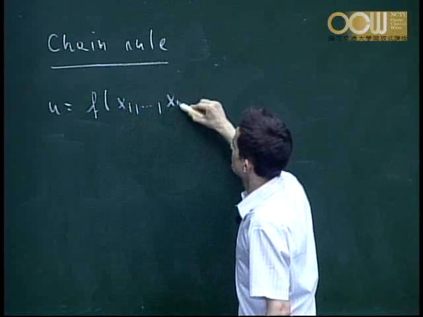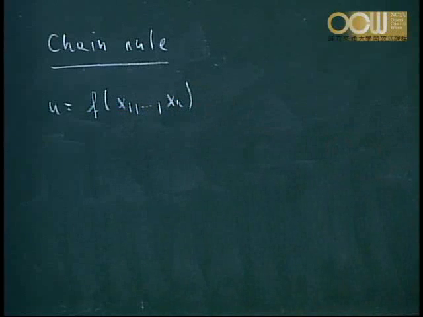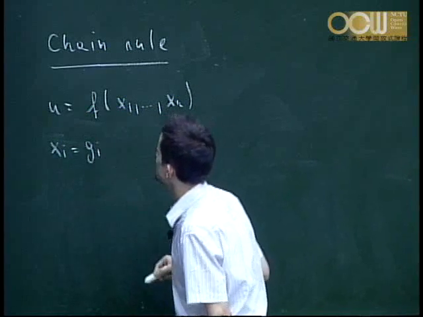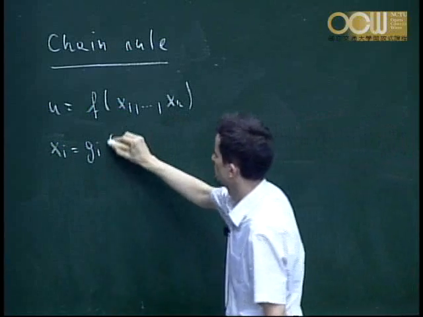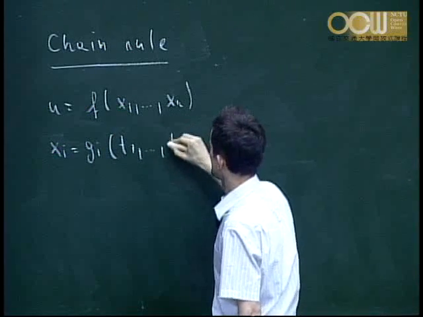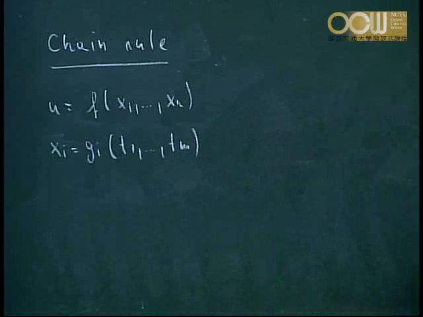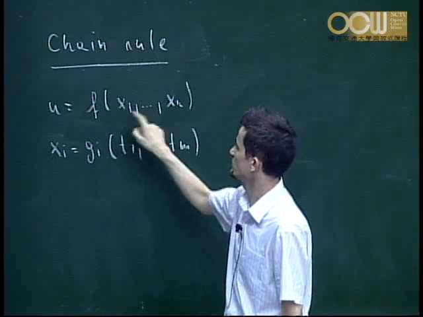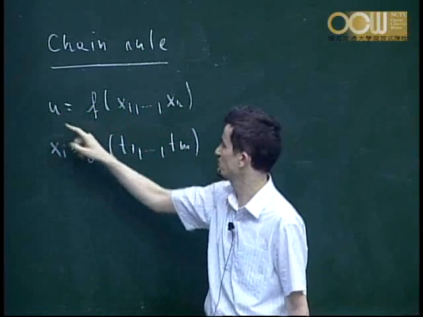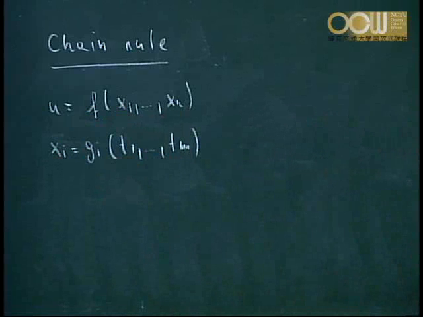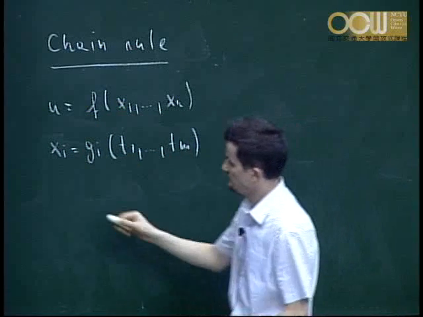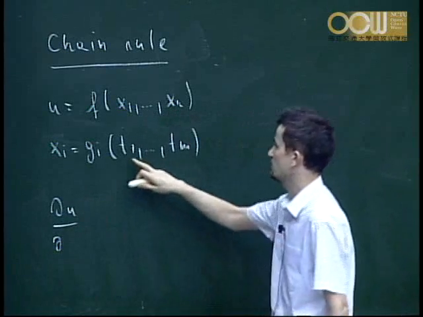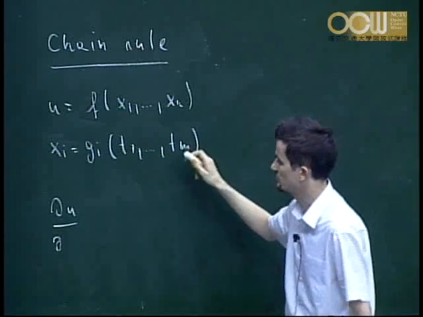So we have n intermediate variables, and every intermediate variable is a function, let's say chi, of m variables. If you plug this into the expression here, then u becomes a function of m variables, and you might be interested in the partial derivative of u with respect to some of the t1 up to tm, let's say tj.